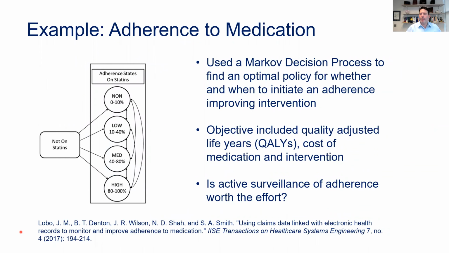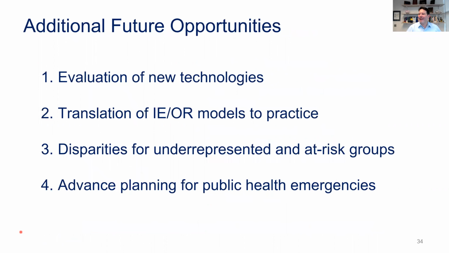I won't do that, but this is just one example that uses a Markov decision process to try to incorporate information about patient adherence or lack thereof to medications like statins, which are remarkable. The impact they can have is incredible, but more than half the people who start them aren't taking them anymore after 5 years. And so they only work if you take them. And so that's a plug for that.